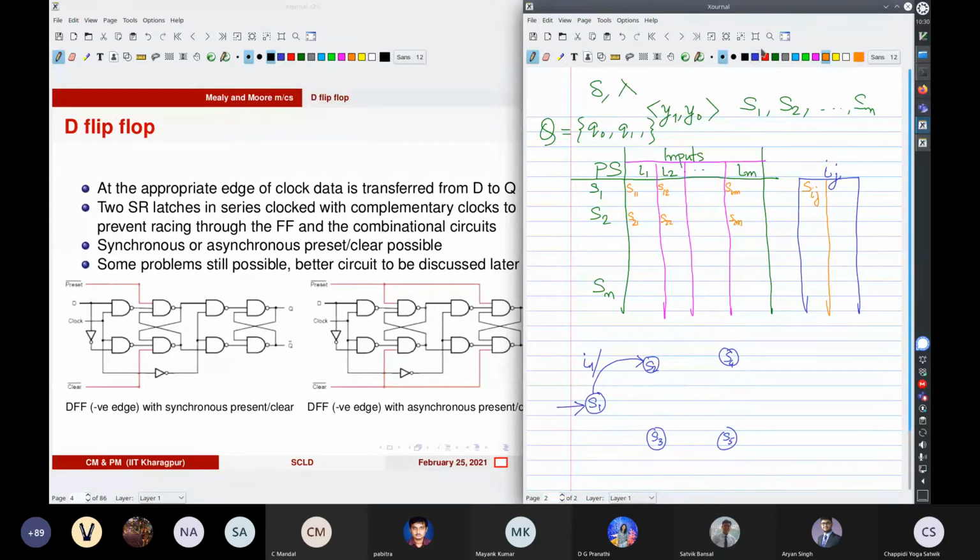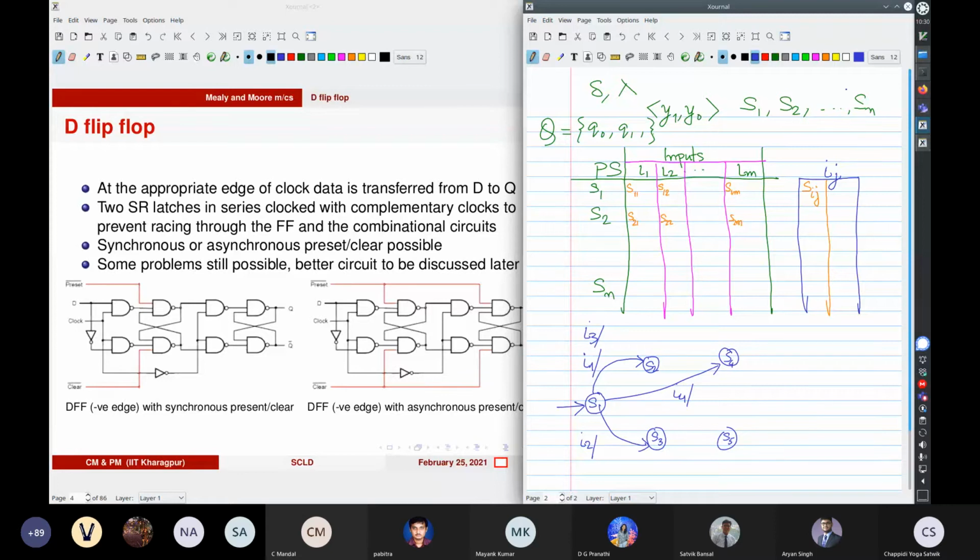On input 1, I go to some state. On input 2, I go to some other state. I don't always have to go to different states. On input 3, also I could go to S2, and so on. On input 4, I come here and so on. But that is only part of the story.